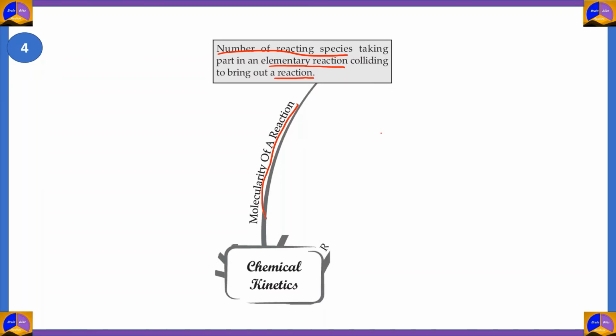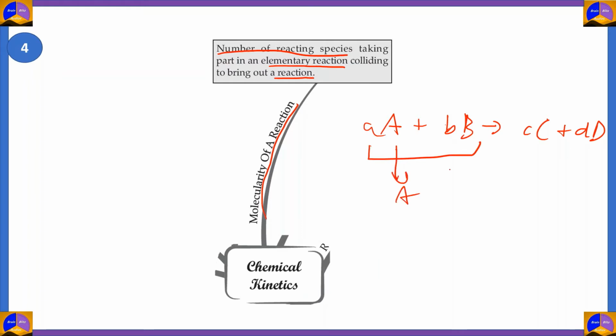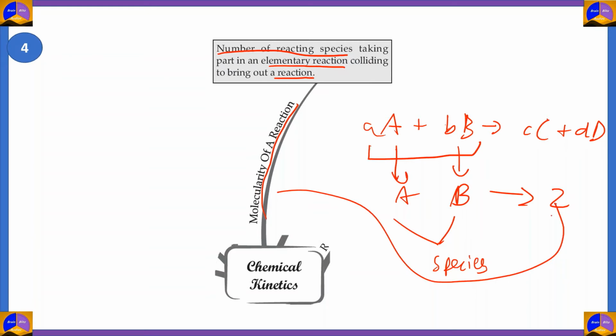Let's say A plus B gives C plus D. If you look at the reactant side, we have two species, A and B. These are different species that are colliding in this reaction. So these are 2 in number, which makes the molecularity of this reaction 2.